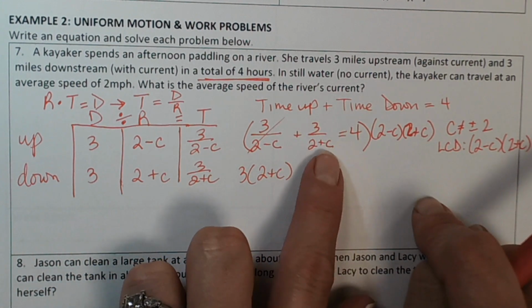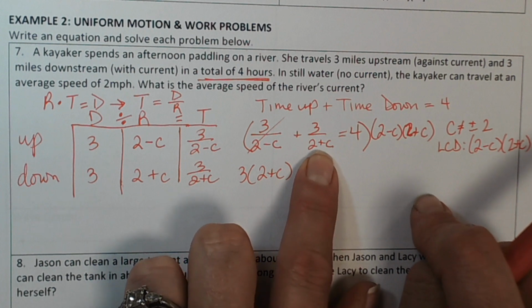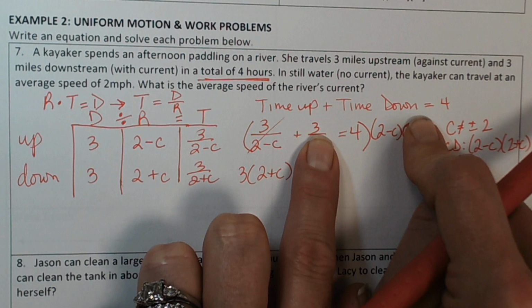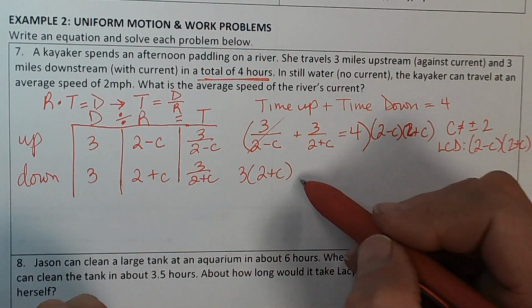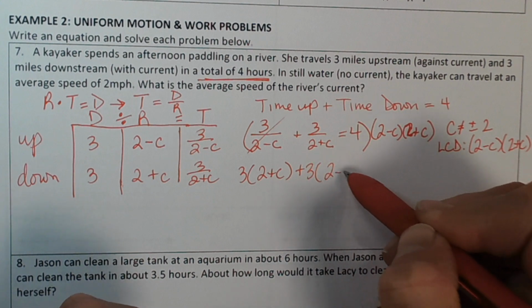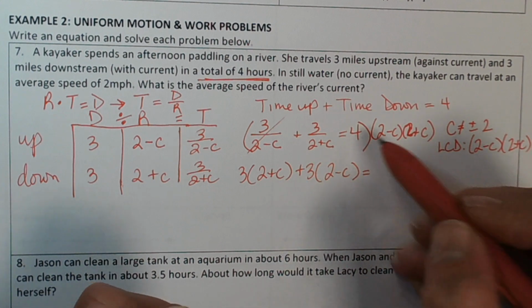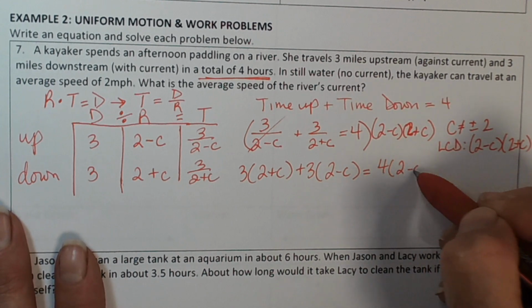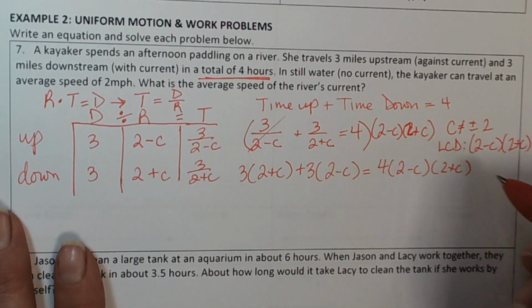Then over here, I have 2 plus c in the denominator, so when I multiply, the 2 plus c's are going to go away, and I'm just going to have the 3 and the 2 minus c. So plus 3 times 2 minus c. And on the 4, nothing is there to cancel it out, so it gets it all: 2 minus c, 2 plus c.